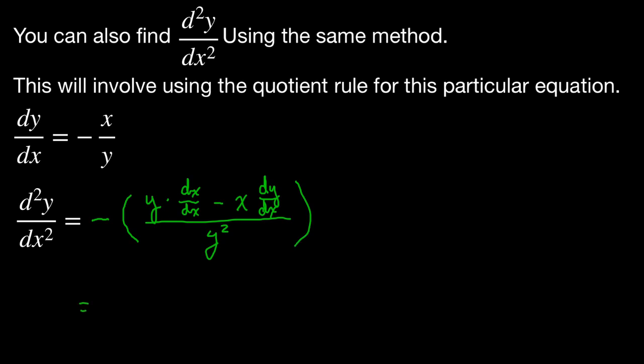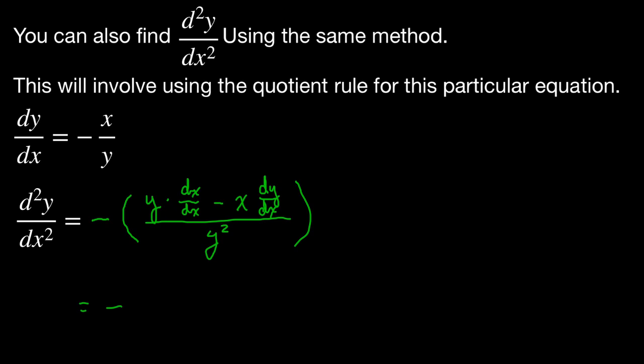Now, what we want is to clean this up a little bit. We don't ever want to keep dx's or dy/dx's in our problem, because what we want is a derivative in terms of x and y, not a derivative in terms of dy/dx. We want a derivative in terms of x's and y's.